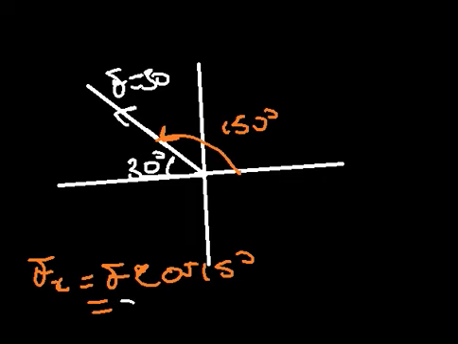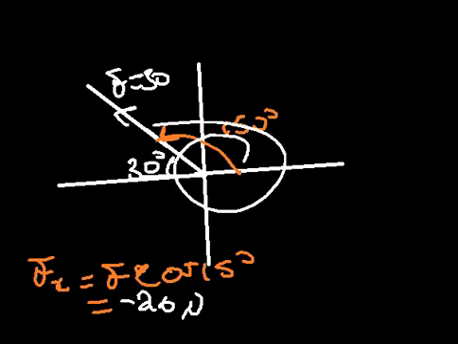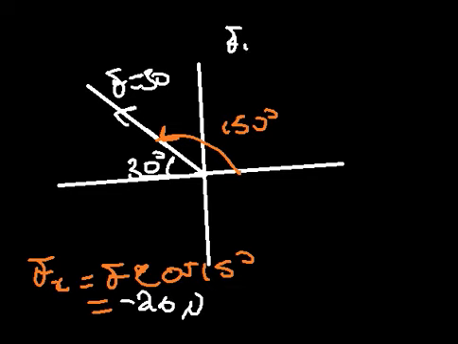That's the beauty of this method, despite whether the vector is against x or y. And how about Fy? We have F sine of 150 degrees, so 30 times sine of 150 degrees.